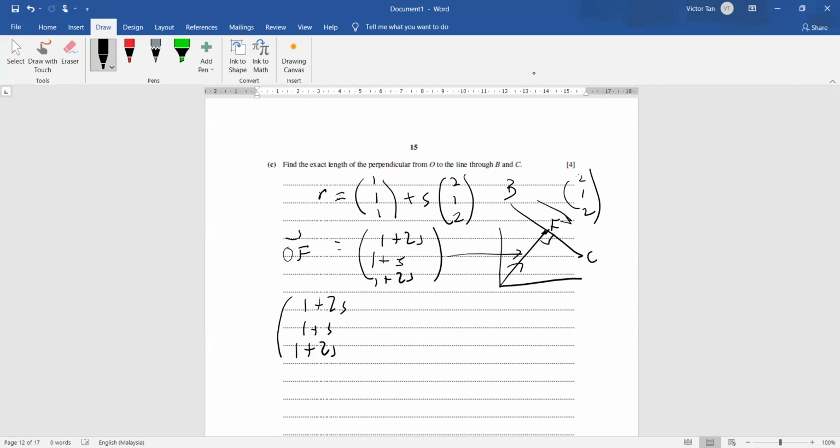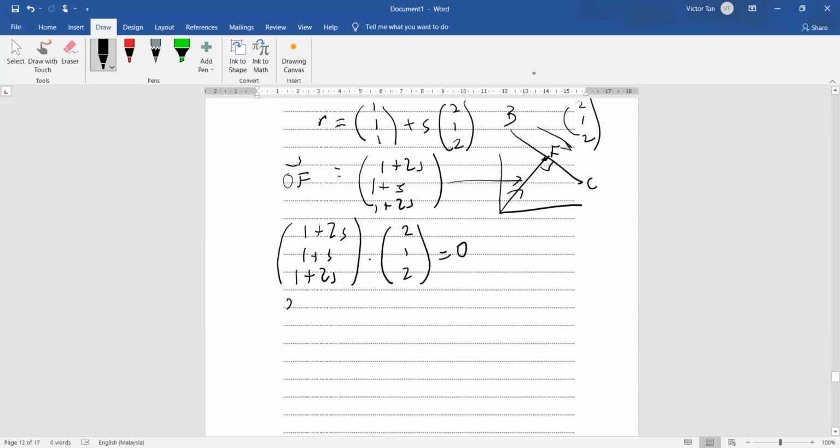(1 plus 2s, 1 plus s, 1 plus 2s) dot (2, 1, 2) equals 0. So 2 plus 4s plus 1 plus s plus 2 plus 4s equals 0.